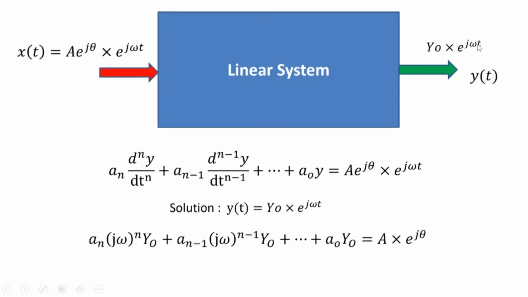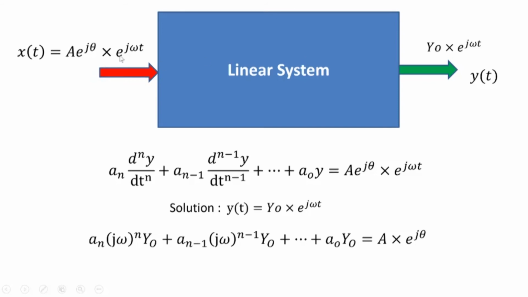So this is very interesting: if I take a linear system and I excite it with an x(t) of this particular form, where the time varying part is e^(jωt), the output is also going to be of the form e^(jωt), but with some y0 here, which is in general going to be some complex quantity because of j here and all that is here. So y0 is some complex quantity, right?